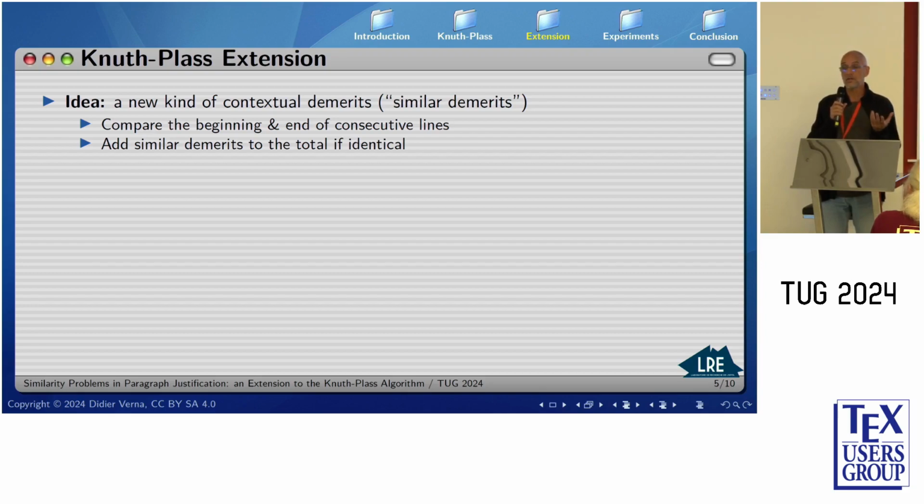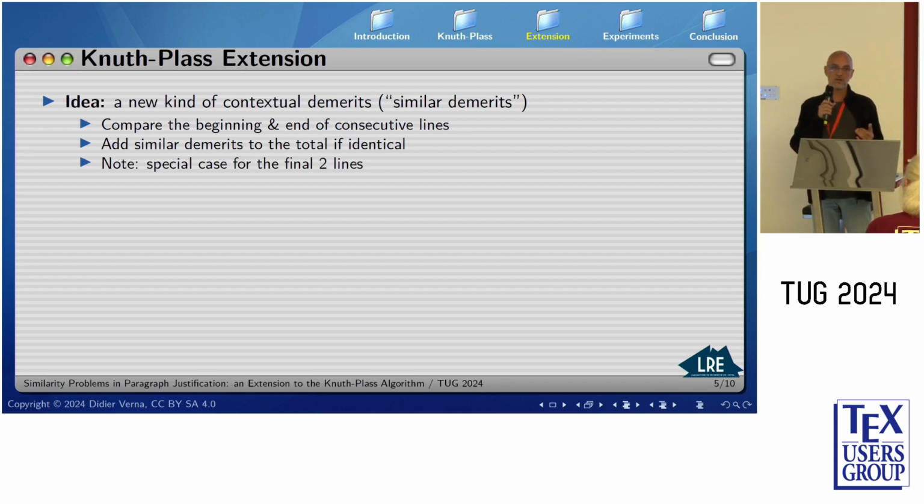So the idea is actually extremely simple, and the infrastructure is almost already in there, because you just need to plug this extension at the place where the Knuth-Plass compares lines for adjacency problems or hyphenation ladder problems. So this is really almost all there is to it.